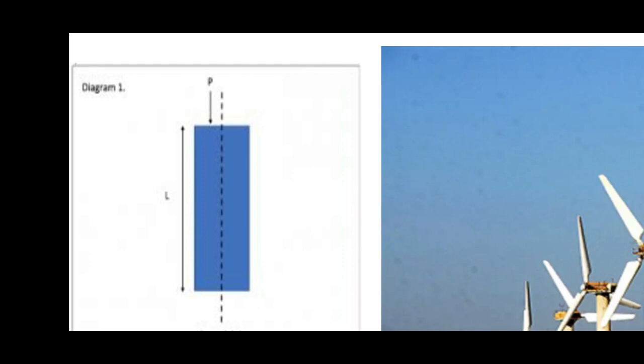So the distance between force and axis is also called eccentric force. In between load and axis there is some span, which is also called eccentric load. It means the force acts on that part, but not exactly at the center; it acts away from the center, at some distance from the center.